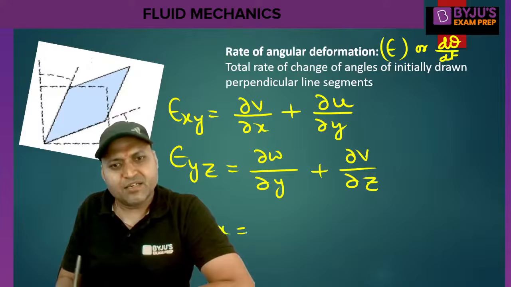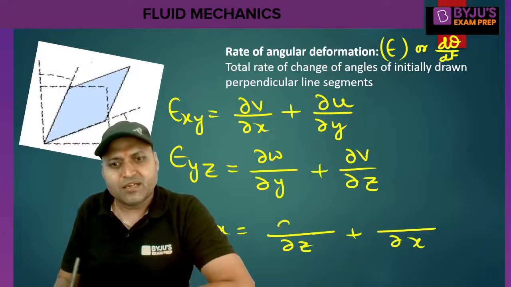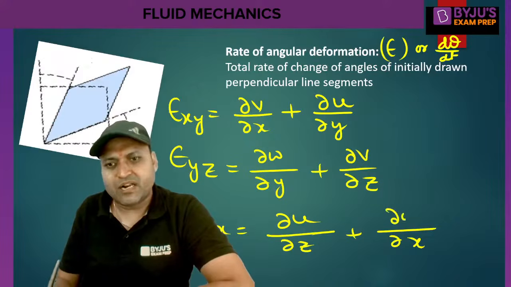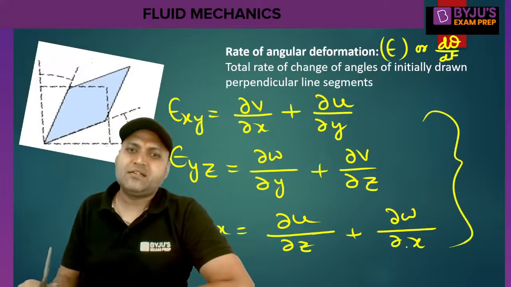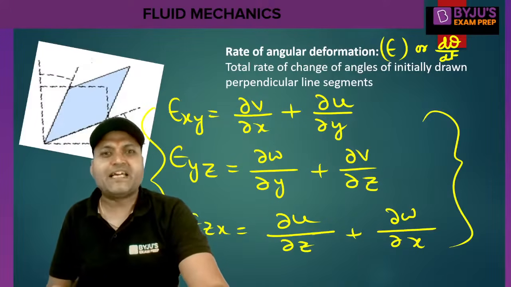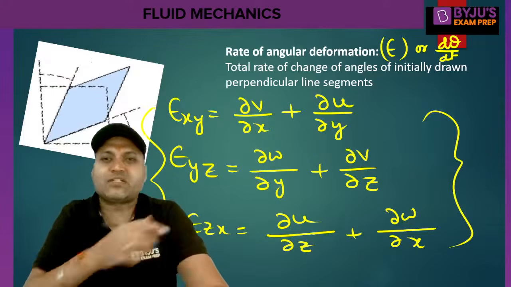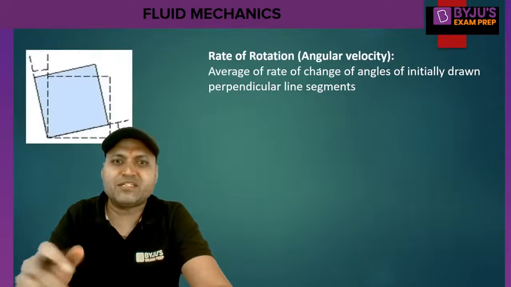Epsilon zx is equal to del u by del z plus del w by del x. These are the rate of angular deformation, rate of shear strain or strain rate, which we have discussed in Newton's law of viscosity. This is rate of angular deformation.